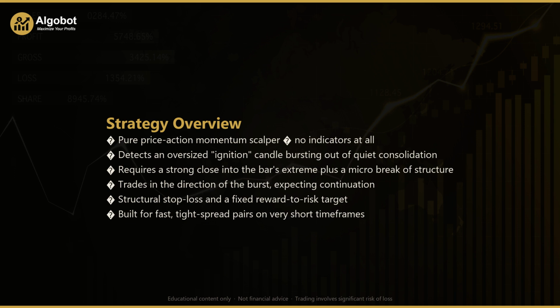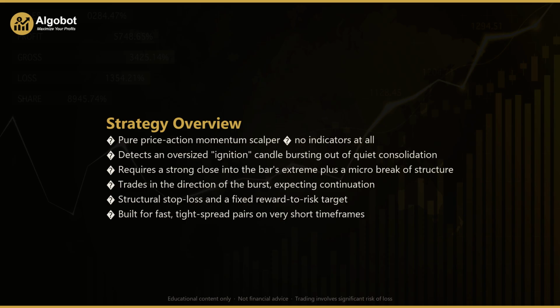Its body is far larger than the recent average. It closes hard into its own extreme, and it breaks the high or the low of the little range that came before it. When all of those things line up at once, the strategy reads it as a burst of genuine, one-sided order flow, and it jumps in that same direction expecting the move to carry a few more pips before it fades. This is classic short time frame scalping behavior.